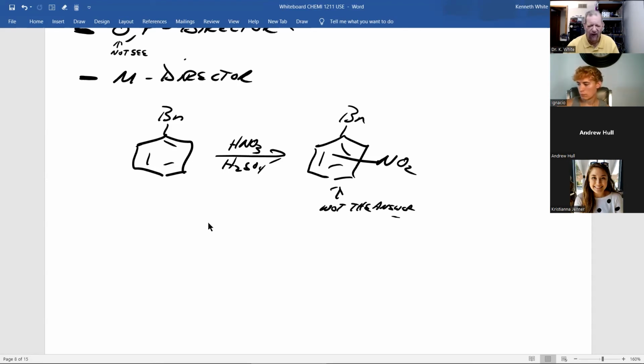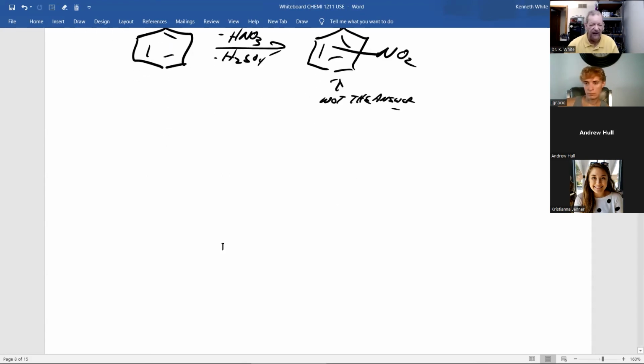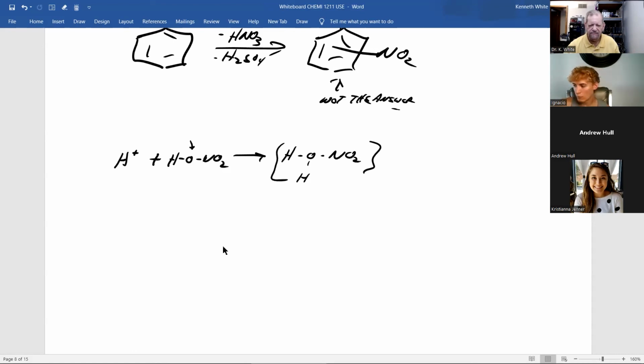Now, why do we react the nitric and sulfuric acid together? And this, pay attention. In the procedure, when it's very cold in an ice bath, you take the sulfuric acid, which I'll say is H+, and you add nitric acid, which I'll write like this. Pay attention. And what happens is it protonates this right here, meaning it becomes H+, adds there, and you get this intermediate.